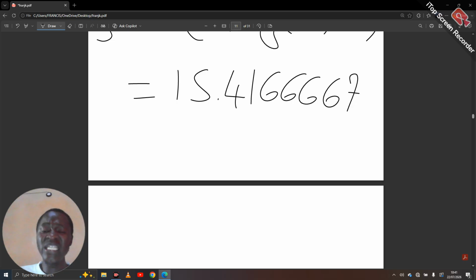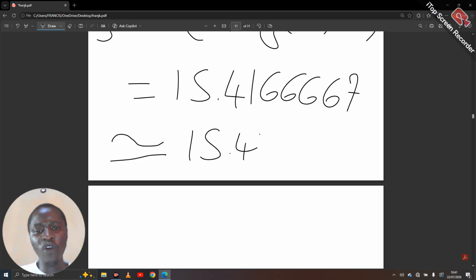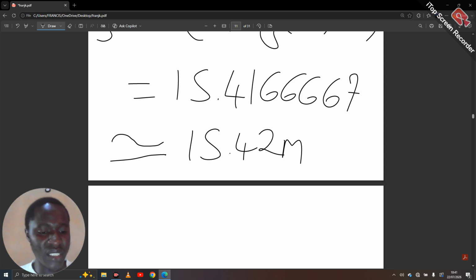If you don't want your answer in a long format like this, you can approximate it, and this is the symbol of approximation. You can approximate your answer to 4 significant figures, and your answer will be 15.42 meters. Remember to include the units when they are provided.